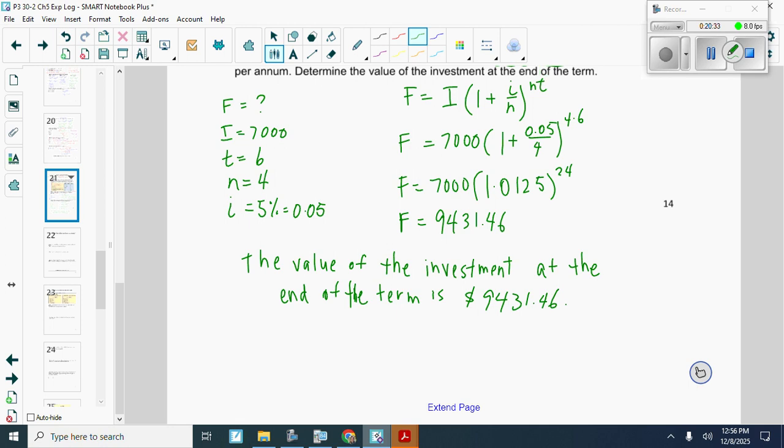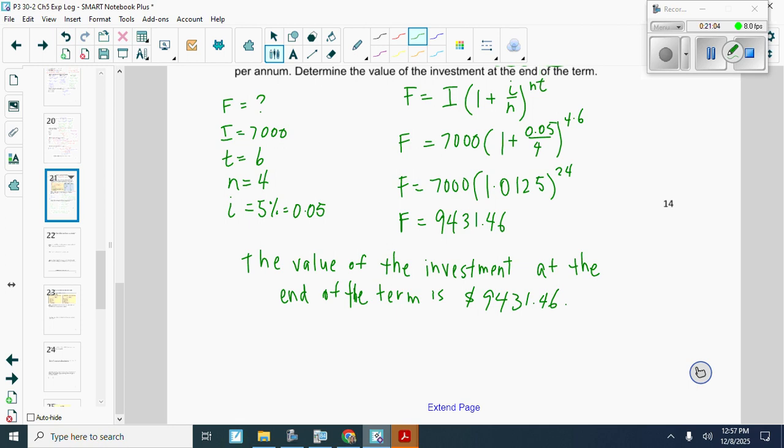Maybe you know the initial amount, but they ask what is the interest rate that it was invested for. Or they could even ask how many years did your initial amount stay in the investment in order to come out with this amount. Okay, so you can see how we can ask different questions and how we have to change the formula around and use what we've learned about exponents and logarithms depending on where the unknown is.